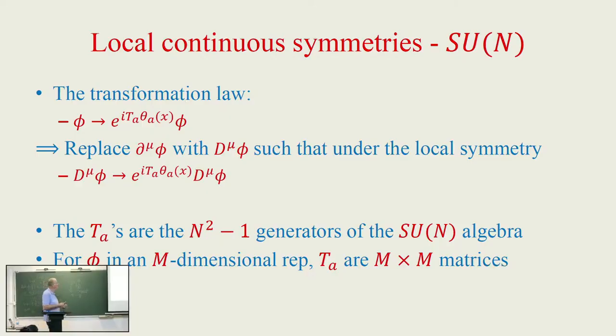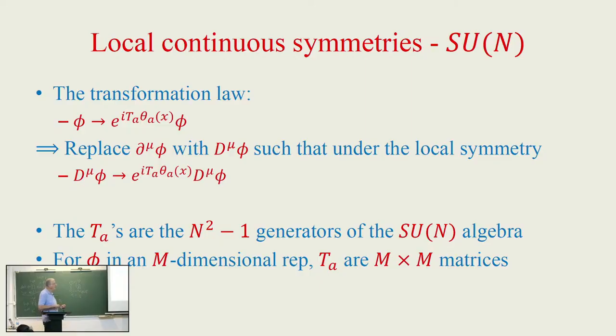We must have the d mu phi in the Lagrangian because we want to describe free propagation in space-time, so we have to fix for the non-invariance of d mu phi dagger d mu phi, and we will be able to do it if we can replace this space-time derivative d mu with something that is called covariant derivative D mu.